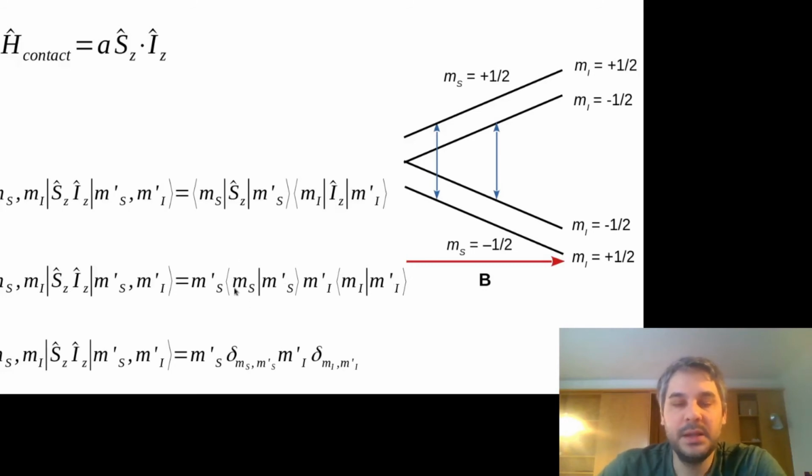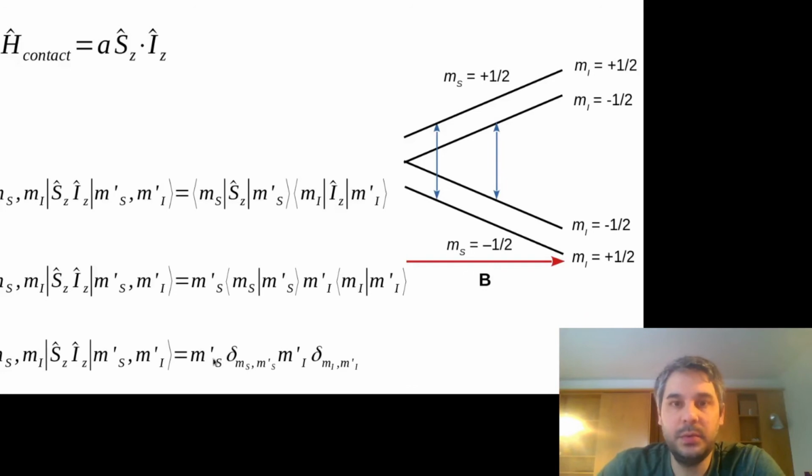Okay, so what are the values of these brackets? Because of the orthonormality of the different quantum states and also spin quantum states, if ms and m prime s are the same, if both are plus 1/2 or both are minus 1/2, this bracket will have the value 1. If they are different, it will have the value 0.